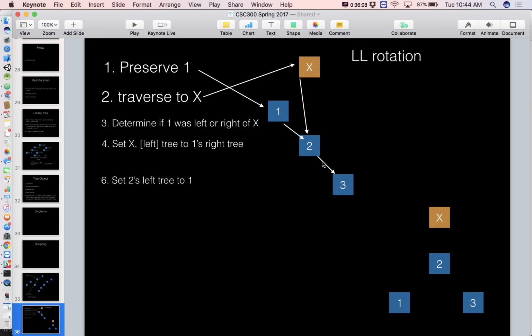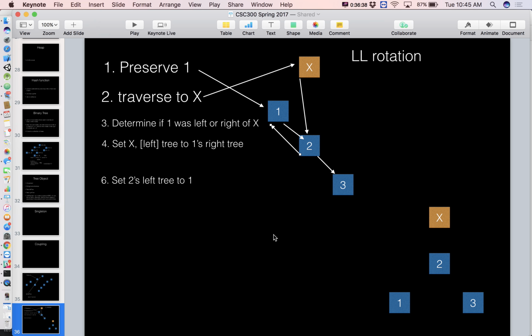Right now 2 has no left tree, which will always be true if we're doing a left-left. This is the reason that we want to get it in that straight line format. That fact is always going to be true if we've determined that the chiropractic adjustment we're doing is a left-left. So we want to set 2's left tree equal to 1.